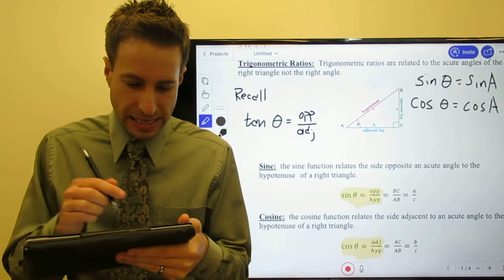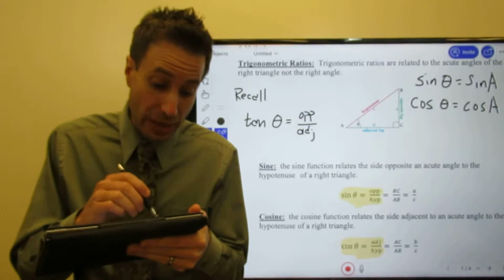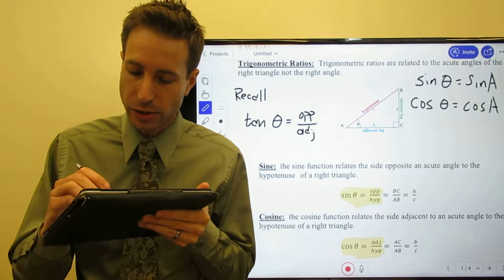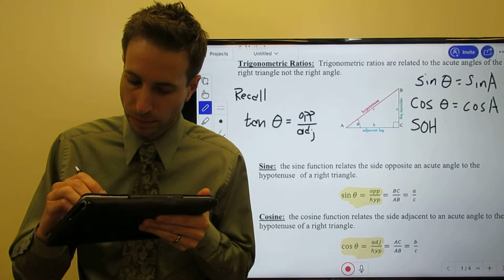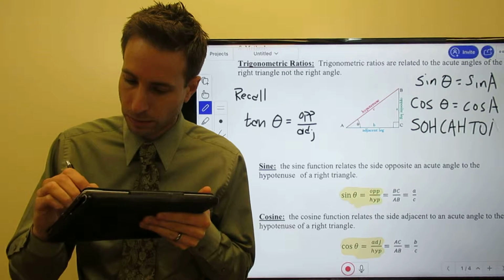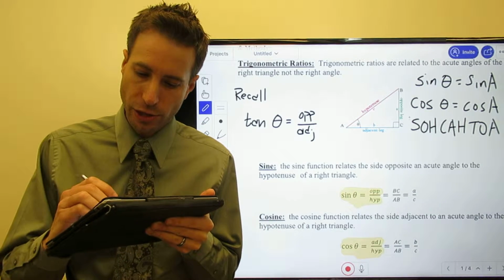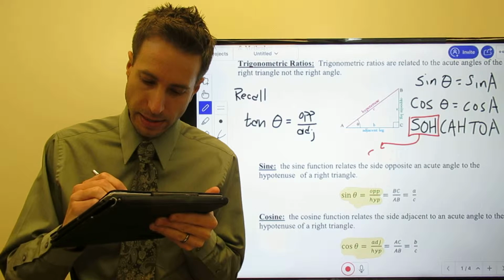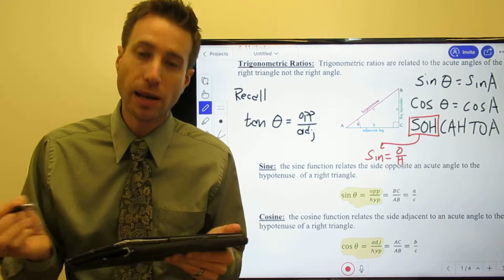There's a neat little mnemonic that you can use to help you remember. The mnemonic is SOH-CAH-TOA. Here's the way the mnemonic works. The SOH part of SOH-CAH-TOA is sine equals opposite over hypotenuse.